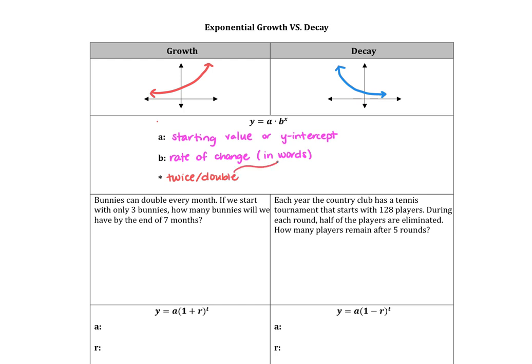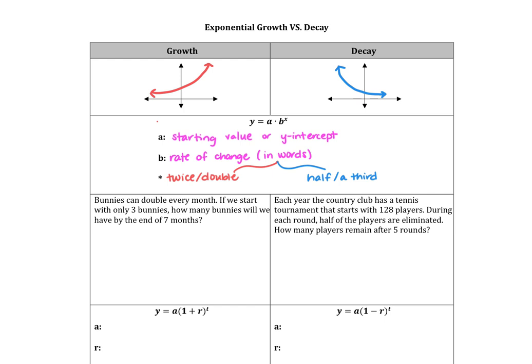When talking about decay, I might say things like half or a third. So whenever I see that my rate of change is given in words like twice, double, half, a third, I'm going to be using this equation y equals a times b to the x. What I'm going to do is just plug in the values that I'm given. I'm going to type it in my calculator and get a numerical value.